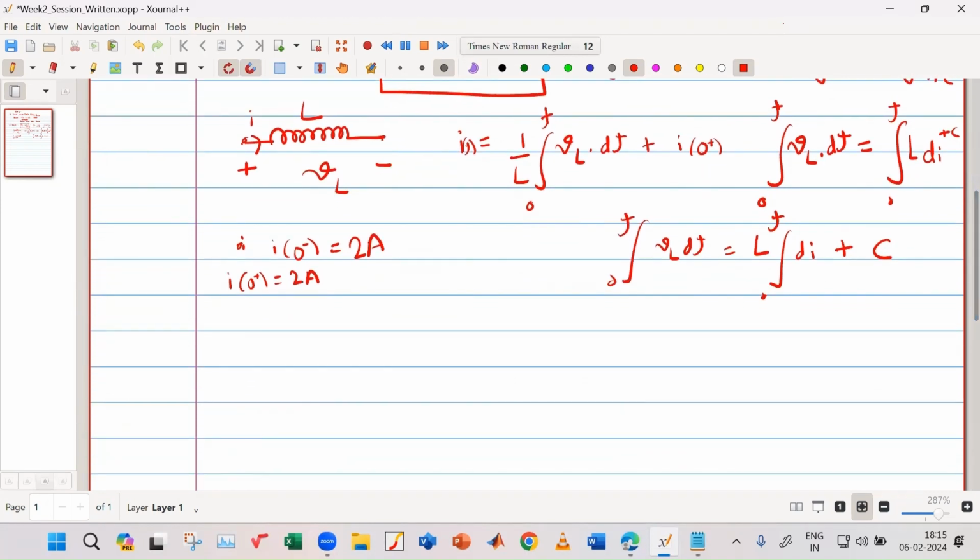Divide both sides by L, so it becomes 1 by L integration 0 to t VL into dt is equal to integration of di.